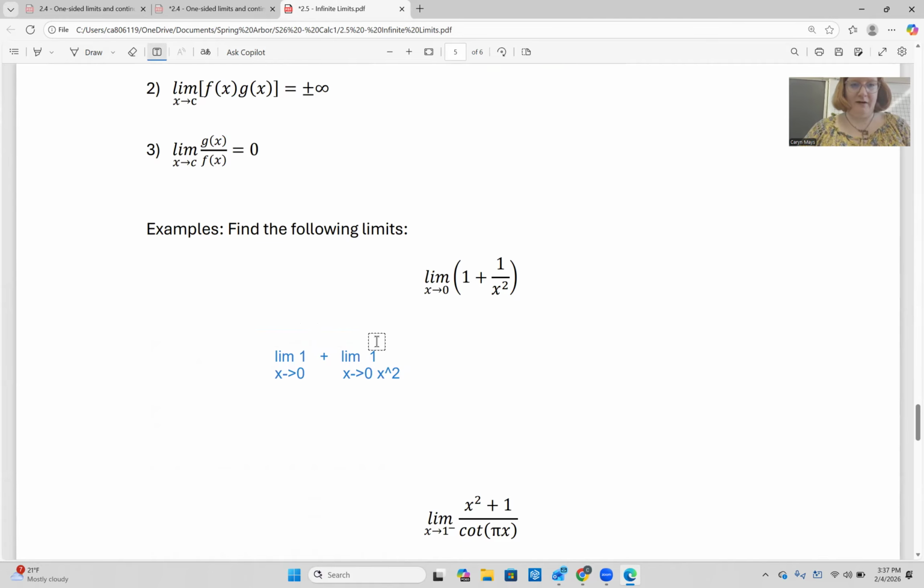I'll add a fraction bar. I'm breaking it into the two limits. Practicing our limit rules, what is the limit of 1? 1.